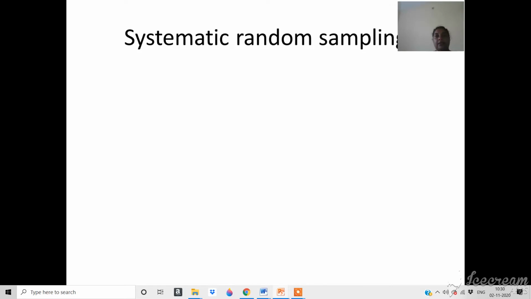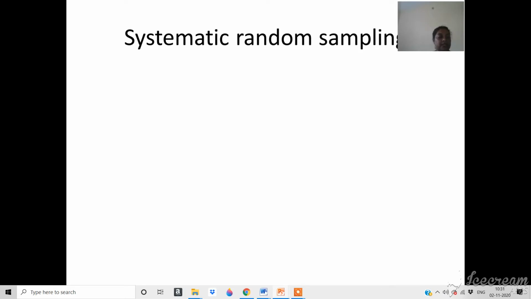So systematic random sampling is otherwise known as the Cauchy systematic sampling, and here the strategy is that every capital K cases are drawn from the population with a fixed interval.